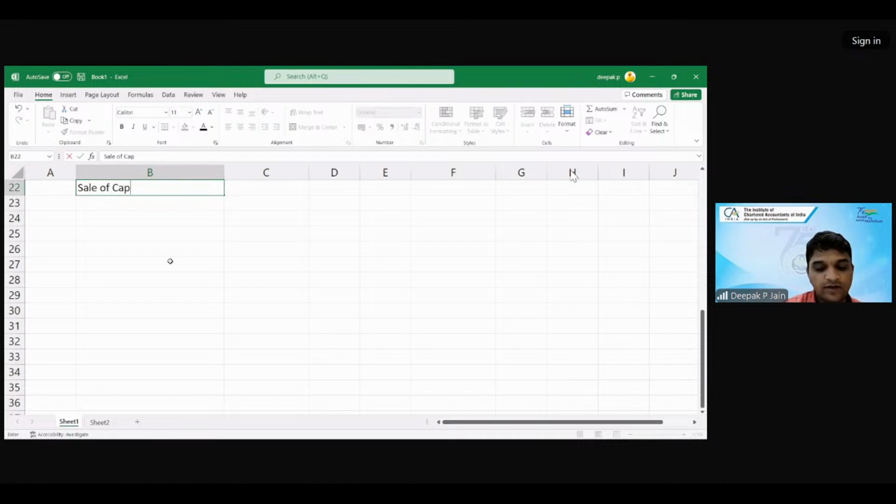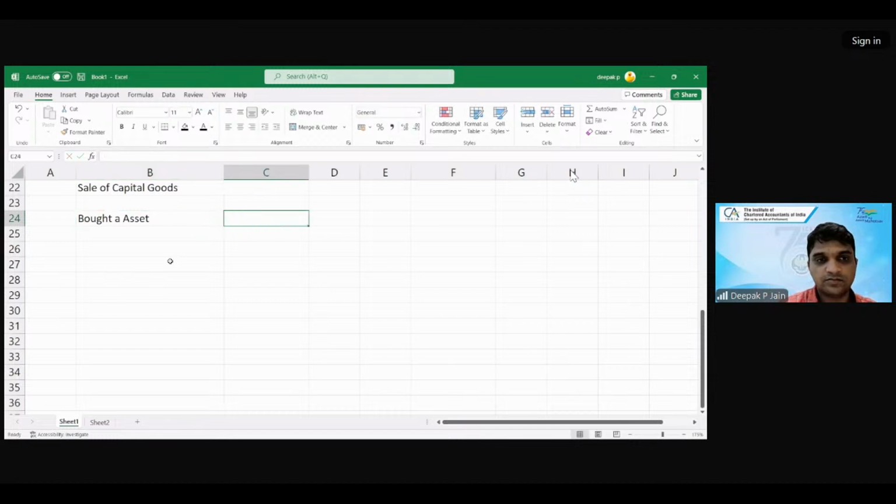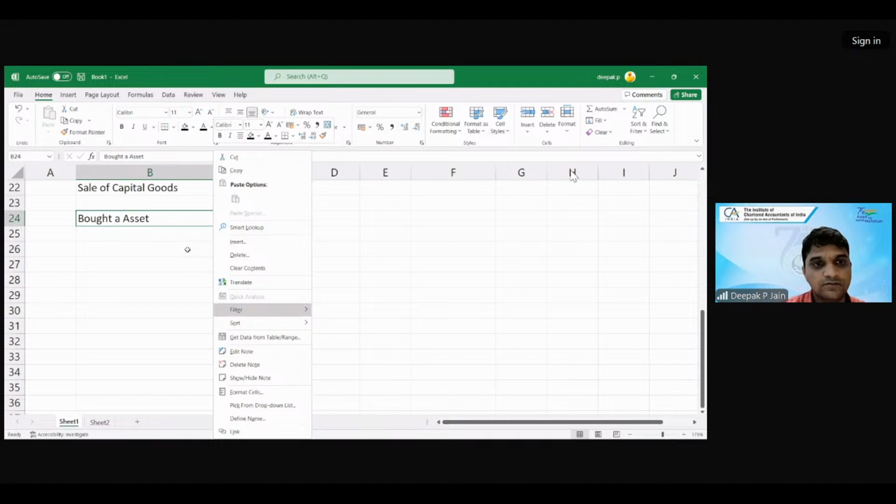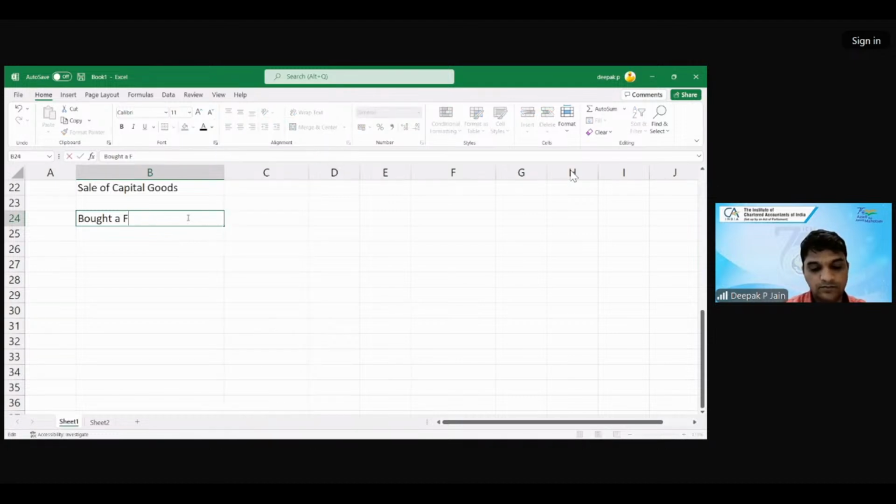Sale of capital goods. Okay, you have bought an asset, say furniture, on 1st of January 2023.